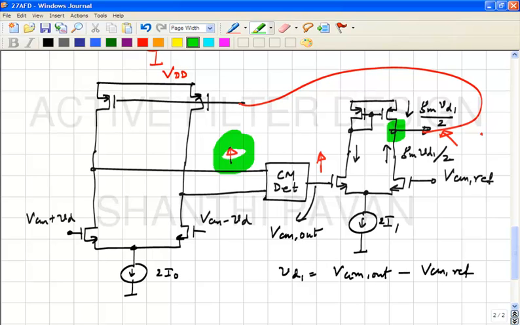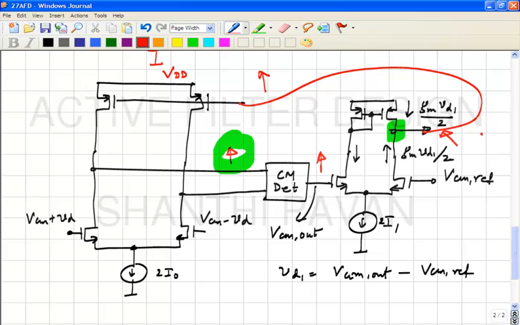The current to the PMOS has increased. In which case, what the feedback loop is doing is to increase that voltage, which is increasing the source-gate voltage of the PMOS devices, thereby reducing the current, thereby bringing the voltage back to VCM ref. Does it make sense?